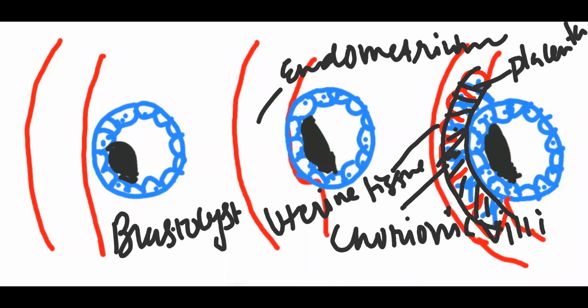It is the combination, interdigitated tissue from both sides, maternal side and embryo side. On the maternal side the uterine wall and on the embryo side the chorionic villi originating from the trophoblast layer. That forms the placenta.